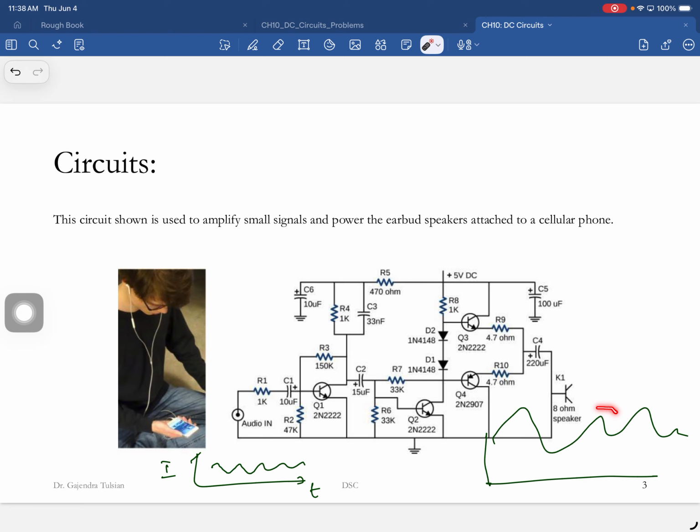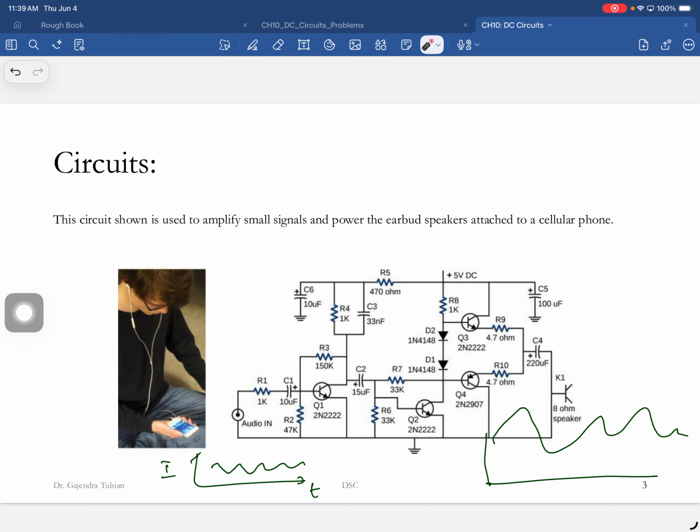This signal looks like it has more energy in it. We know there are no free lunches, so where is that energy coming from? You've got to feed it energy, so it's connected to the battery. It's drawing power from the phone. So this is an amplifier circuit. It's amplifying the signal.